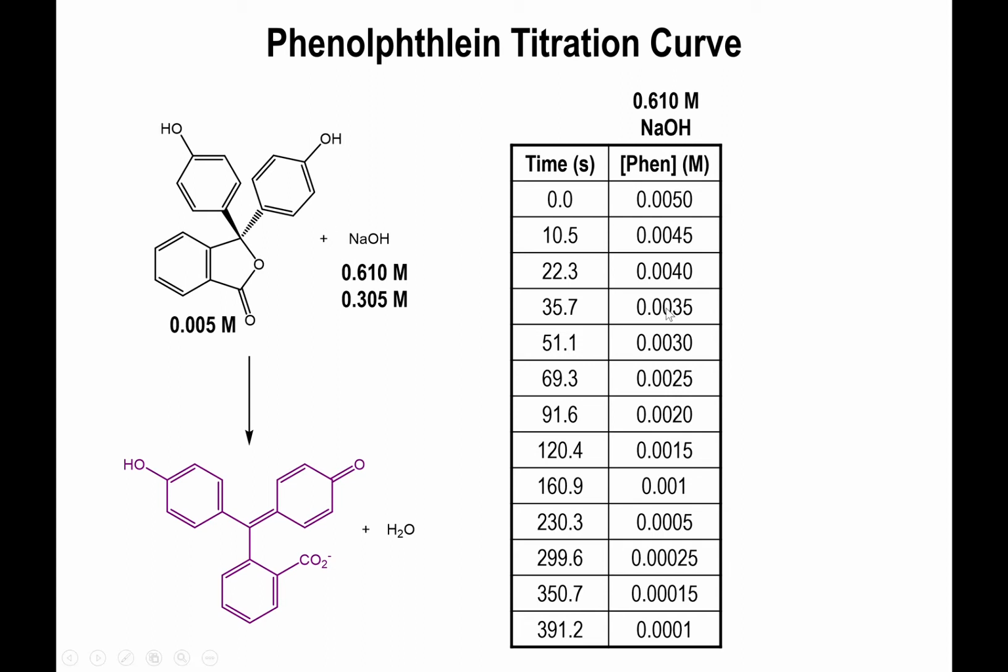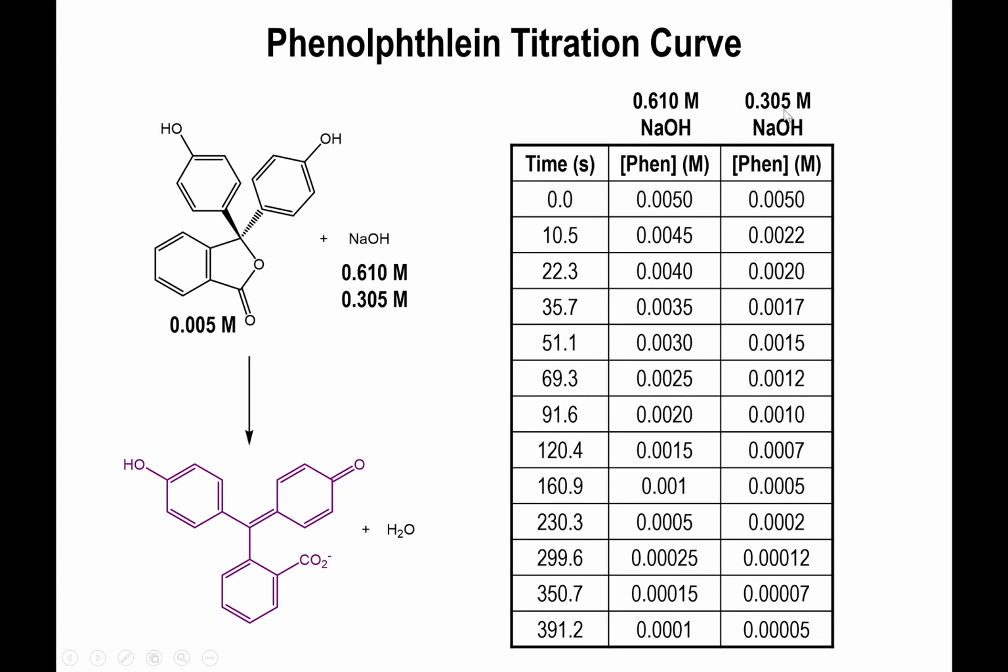So that's what has happened right here. And you could actually do this with a concentration of sodium hydroxide of, let's say, 0.610 molar. But you could do the same thing again, starting with 0.005 molar phenolphthalein with a hydroxide concentration that is 0.305 molar. And you'll get another set of data for the reaction, right?